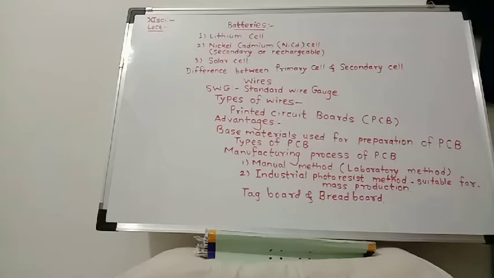Now we will study about PCB, printed circuit board. What are the advantages of printed circuit boards? First advantage is PCBs are useful for interconnecting a large number of electronic components.